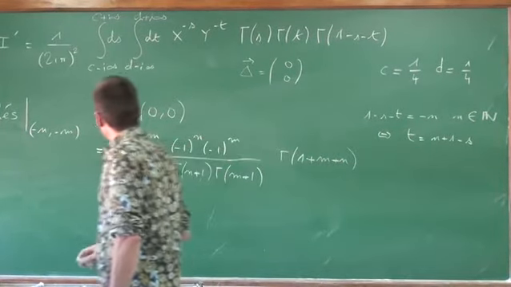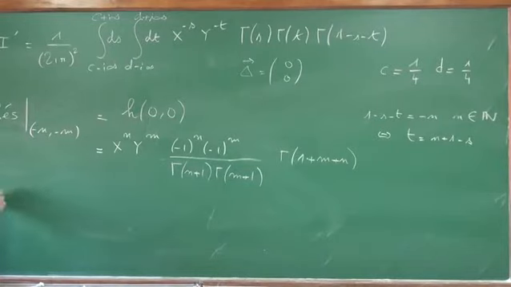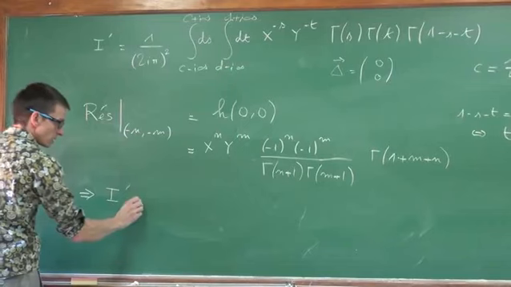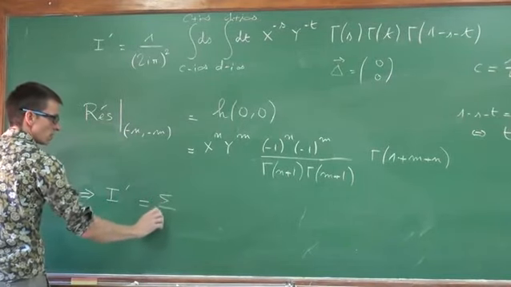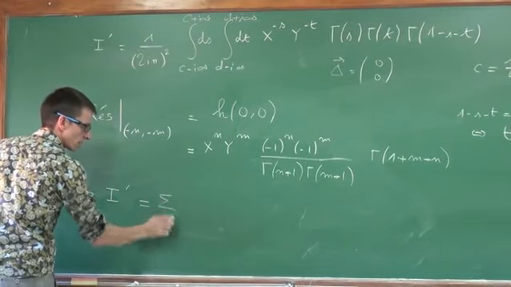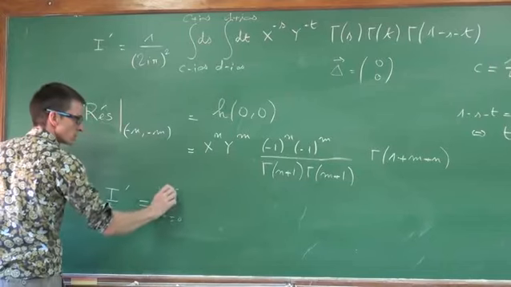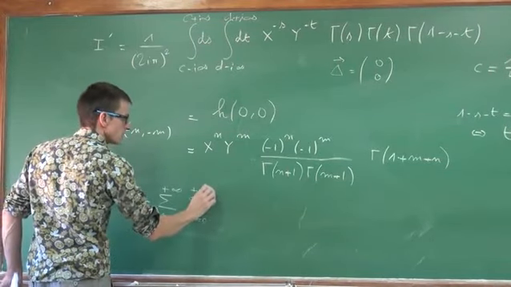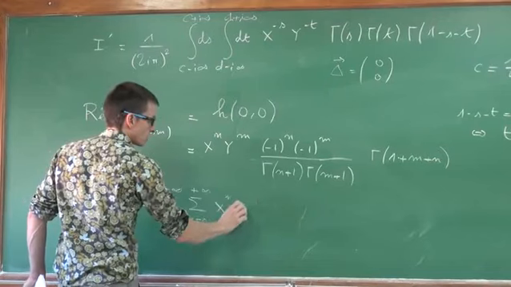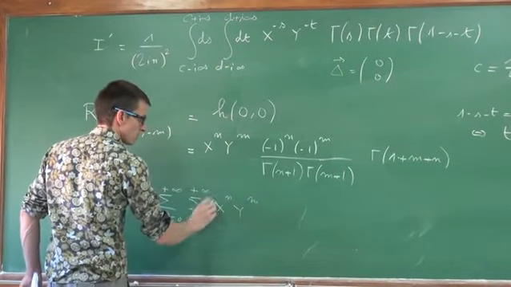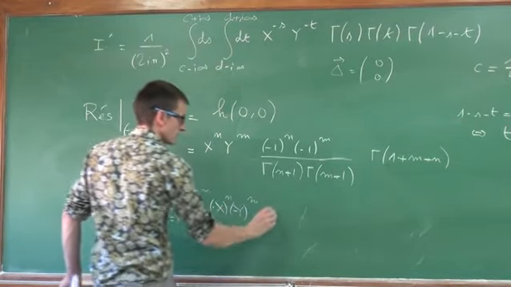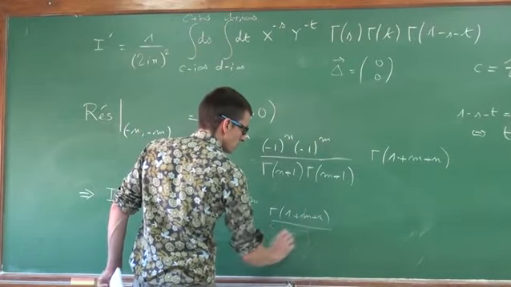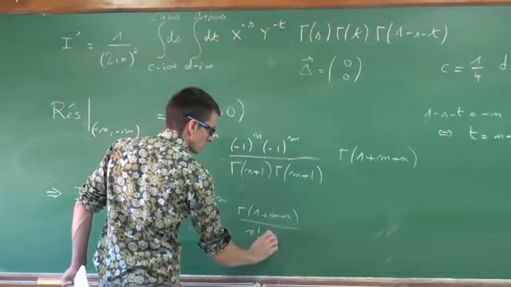Therefore, the series equals the sum from n equals 0 to plus infinity, sum from n equals 0 to plus infinity, of x to the power n, y to the power n, with minus signs, gamma of 1 plus n plus n divided by n factorial, n factorial.